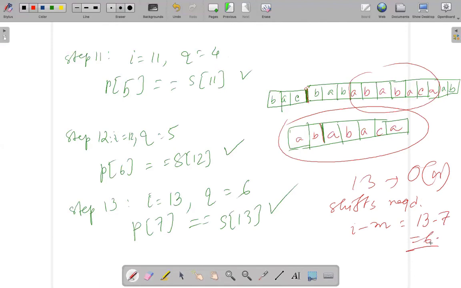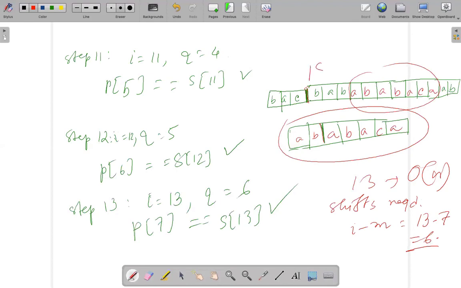Okay, so I would not even have advanced if we would have got the match earlier. In that case the shifts required would be much less. Here, since we had to advance I to almost the last step, we have shifts of 6.